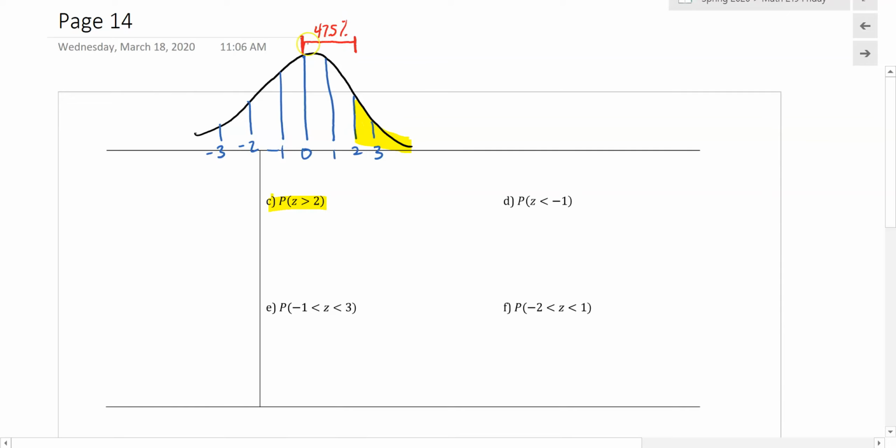Because if I were to go 2 to the left and 2 to the right together, that would make up 95%. So if I'm only doing half of that, it's half of 95%. Now another thing I know is that from the middle onward is half your data.